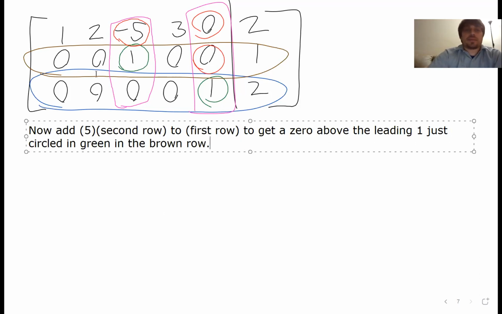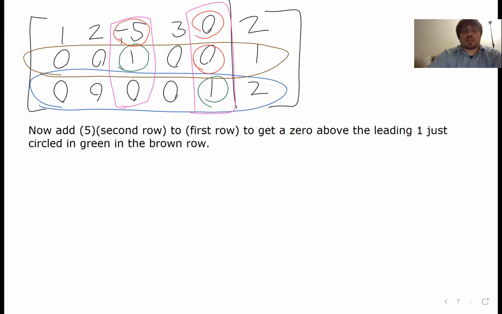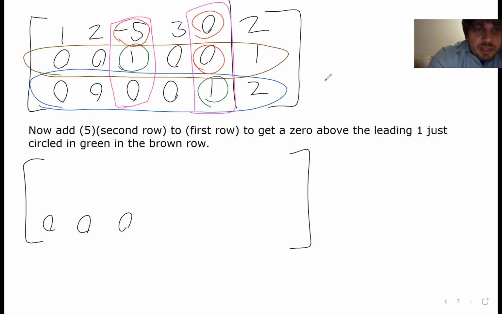Okay, add 5 times the second row to the first row. And so then this red entry will become a 0. Okay, so the bottom row stays the same. The second row also stays the same. And the top row will change.